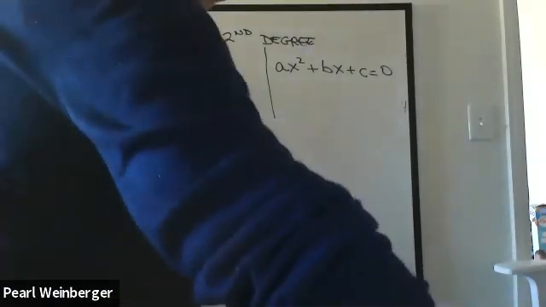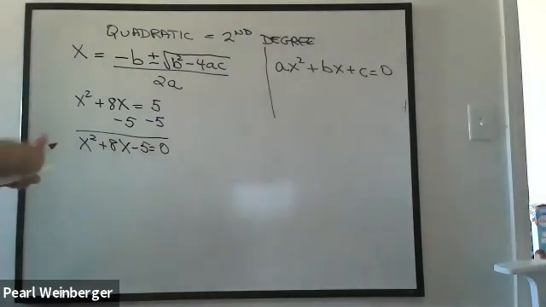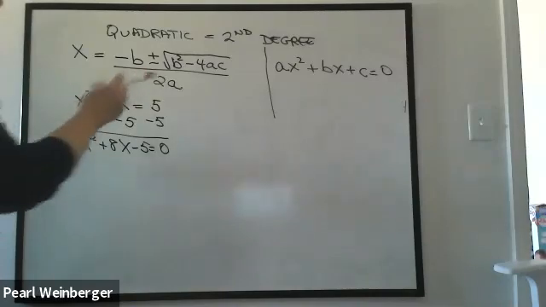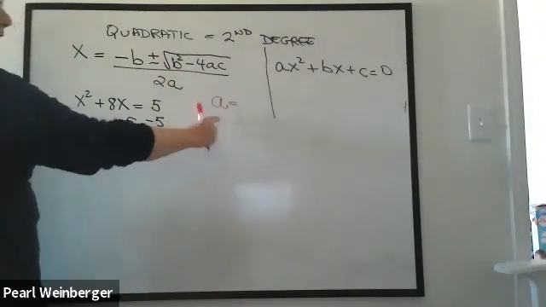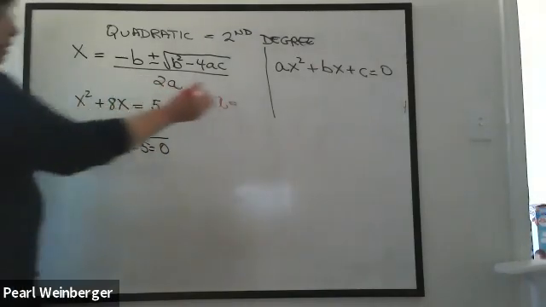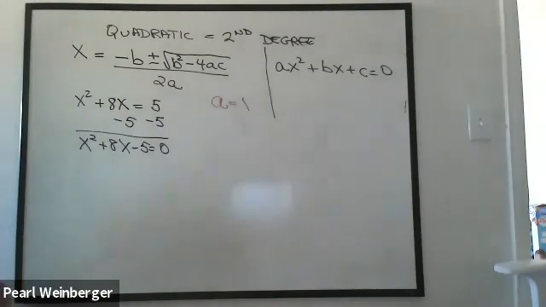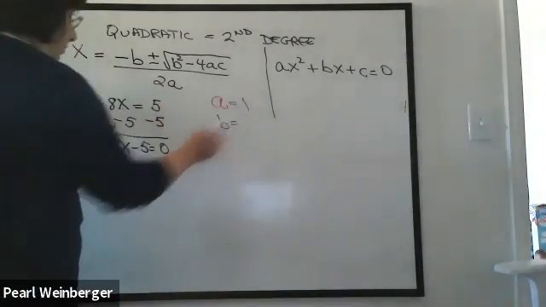Now, in order to make this clearer, my a is going to be the red number. The a is the number in front of the x squared. There's no number in front of the x squared, so I'm going to call that 1. Anytime you have no coefficient, it's understood that the coefficient is actually 1. My b is going to be blue. What is my b in this equation?